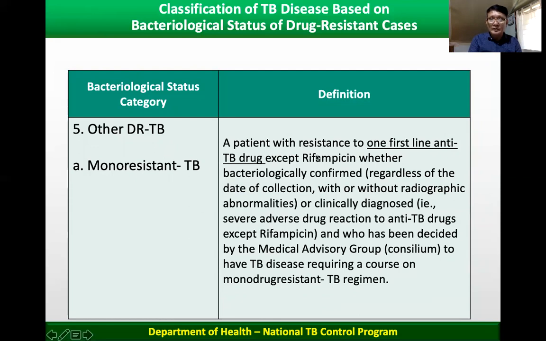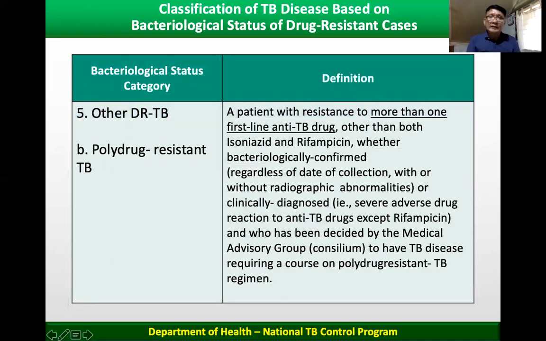So as already mentioned, when you say mono-resistant TB, it is resistant to only one first-line anti-TB drug, except rifampicin, whether bacteriologically confirmed regardless of the date of collection, with or without radiographic abnormalities, or clinically diagnosed, such as with a severe adverse drug reaction to anti-TB drugs except rifampicin, and who has been decided by the TB-MAC Consilium to have TB disease requiring a course of mono-drug-resistant TB regimen.